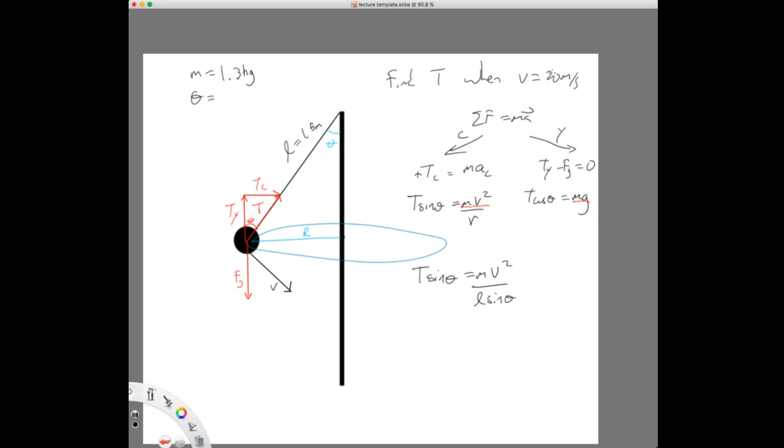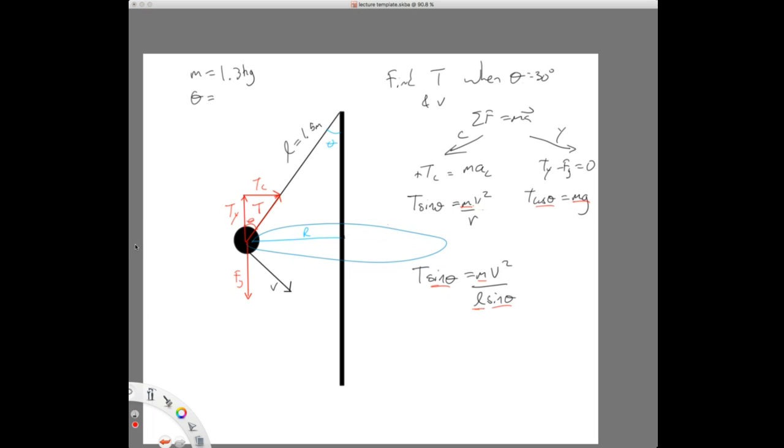So suppose we want to know when the angle is 30 degrees, so we're going to find T and V. Now what we know is the angle, the mass, L, and theta. And what we have to solve for, our unknowns, are T and V. Sorry about that.